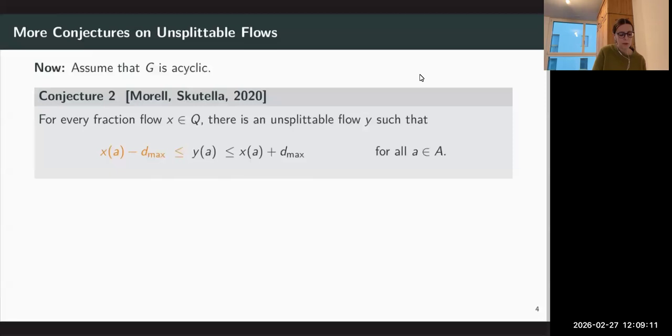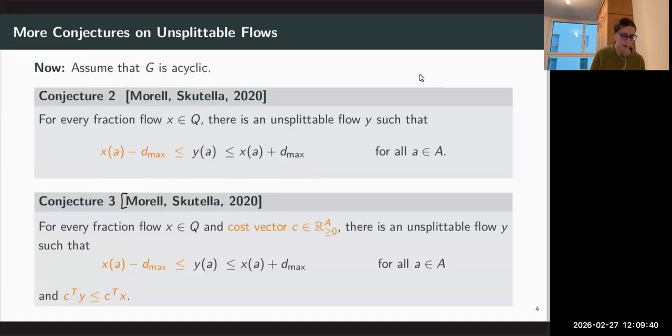And they also proved that if you only want these lower bounds, then you can achieve this. Linhares, Skutella, and Goemans already showed that you can achieve this if you only have the upper bounds, but it's widely open whether you can achieve both things simultaneously. This conjecture is also related to some open questions in scheduling and to some problems in discrepancy theory. So this is a quite relevant thing, but it's widely open.